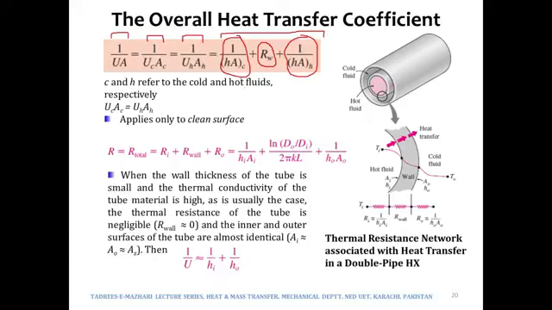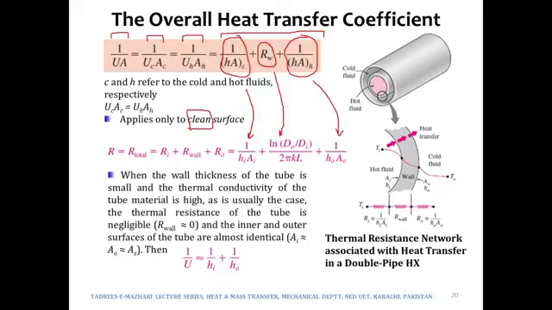So the same thing is written over here, 1 over hA, then the resistance of the wall, log of Ro over Ri divided by 2 pi kL or Do over Di, and the second convective resistance. This applies to a clean surface, because there isn't any resistance due to fouling included over here.